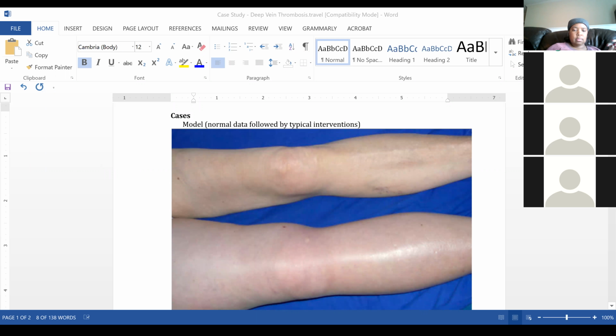All right, so do you see the difference in the leg size? Which leg is swollen? It'll be the patient's right.